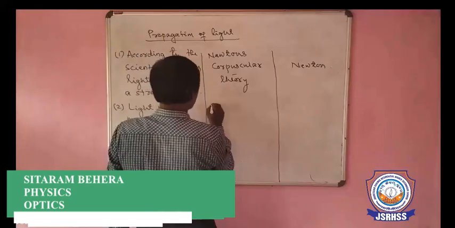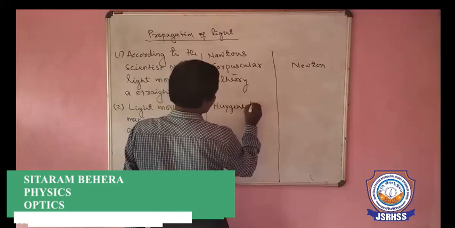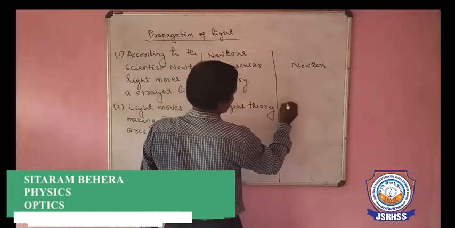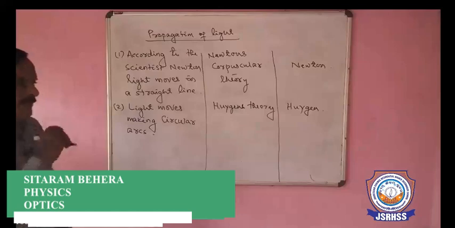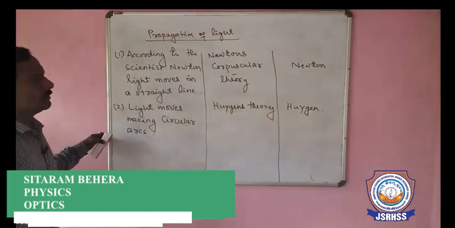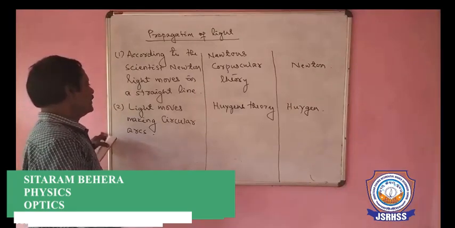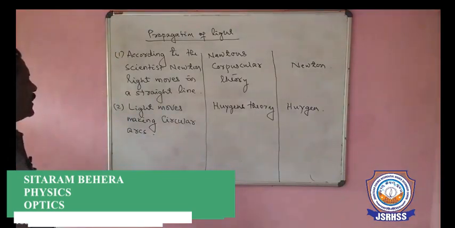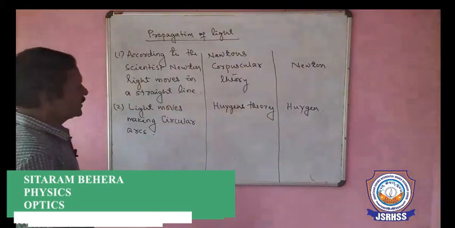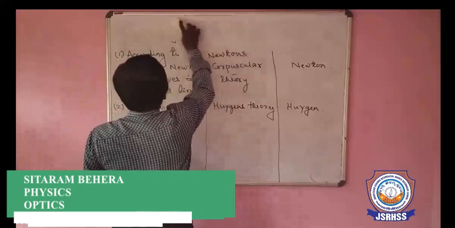This is your Huygens theory, suggested by the scientist Huygens. When a stone is dropped in water, then a wave is produced, and the nature of the wave is just like circular. So Huygens suggested that light moves making circular arcs. It is known as Huygens theory, and it was suggested by Christian Huygens.